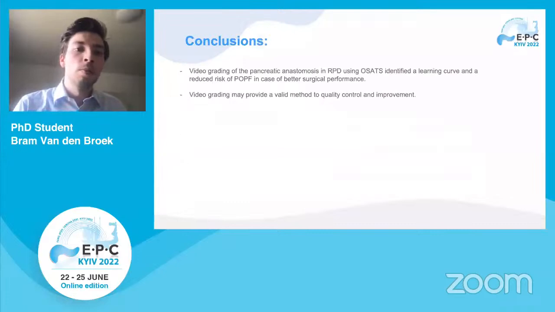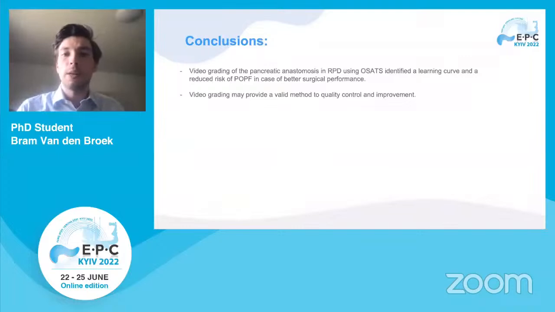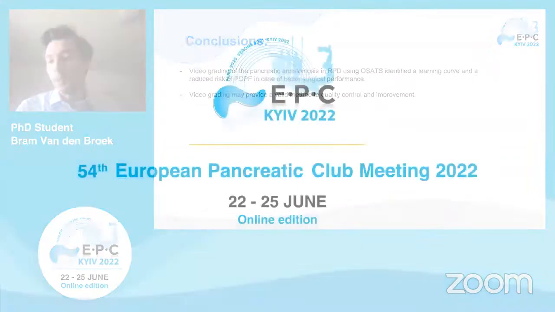To conclude, video analysis of the pancreatic anastomosis in RPD using OSATs identified a learning curve and reduced risk of POPF in case of better surgical performance. Video grading may provide a valid method for quality control and improvement.